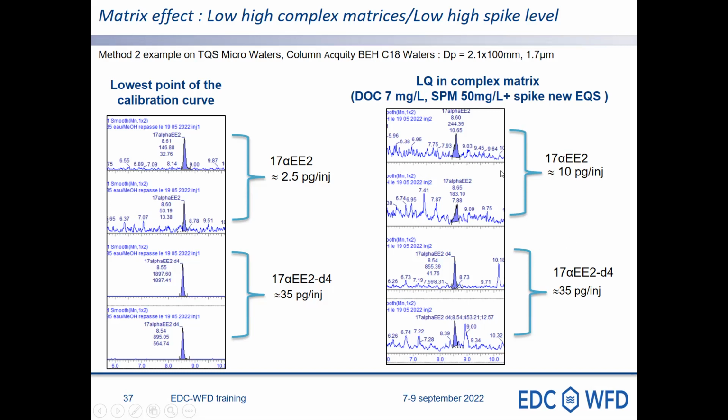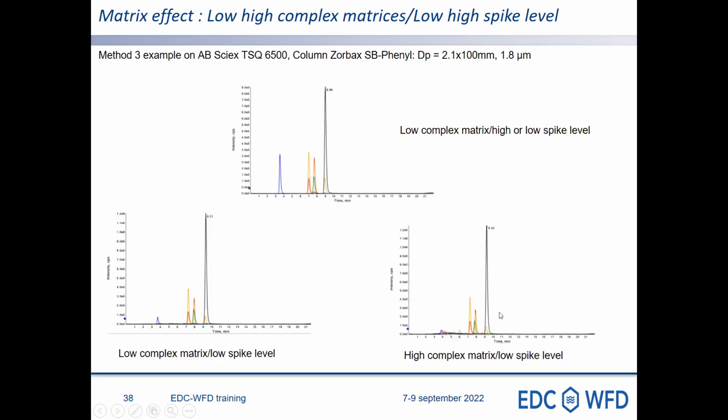And here you have the same level, sorry, the picture of the chromatogram in complex matrix at the level of the new EQS, and here you see that we have some important loss of sensitivity. Nevertheless, we are still capable of accurate measurement in that condition, and you see that our internal standard really helps us to make the quantification process reliable.